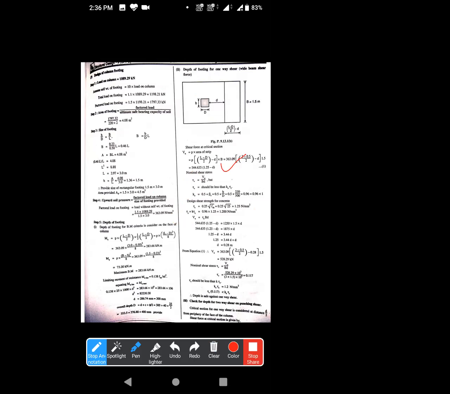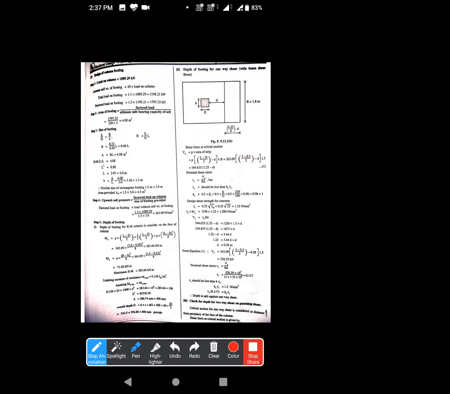Here your d is coming 0.28 meter. From equation 1 you can now find the value of shear force, and tau v. You have to check, yes, tau v is less than ks tau c, therefore the depth is safe against one-way shear.